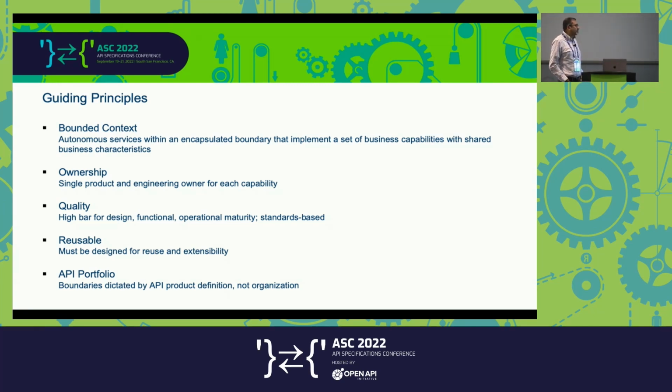So everything that we build has distinct quality thresholds or measures that are split across design, functional and operational maturity. Again, we need a maturity model to have an objective way of figuring out where we stand for each one of these quality criteria.